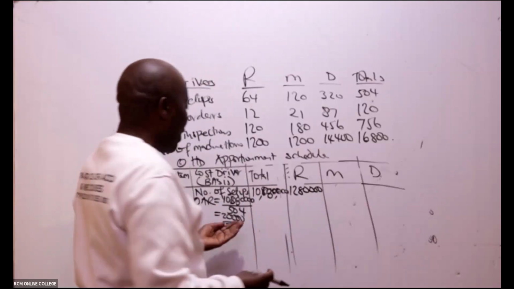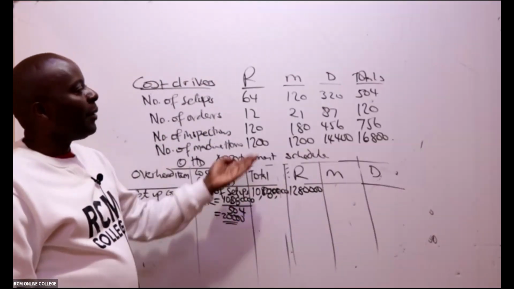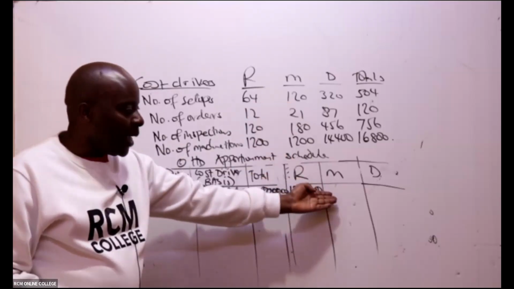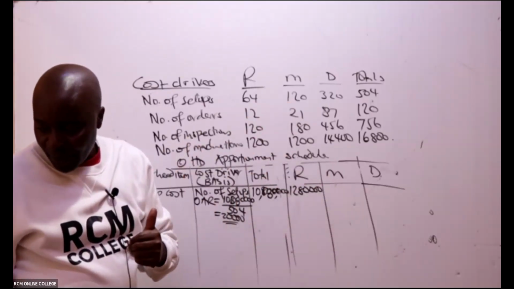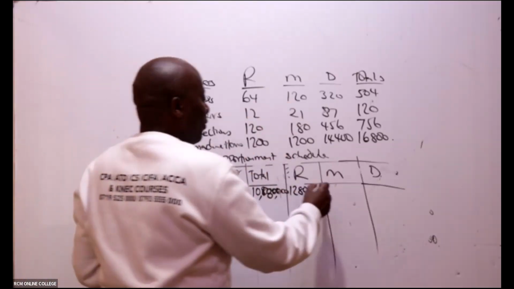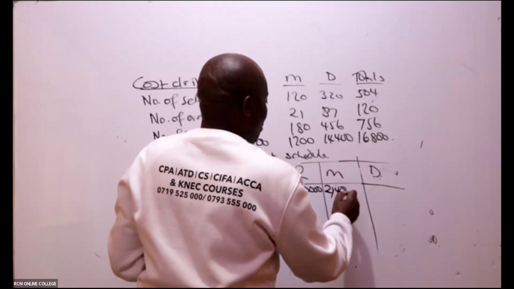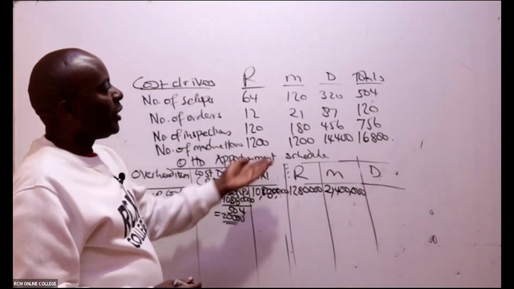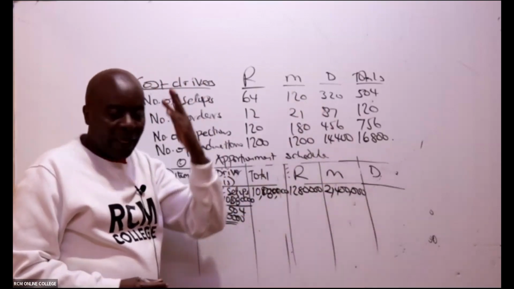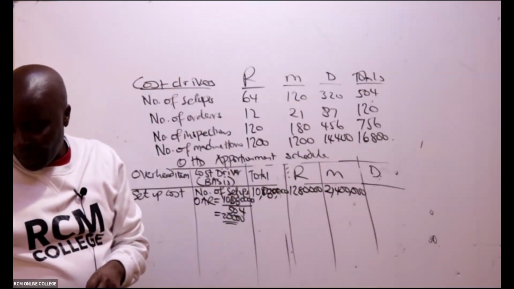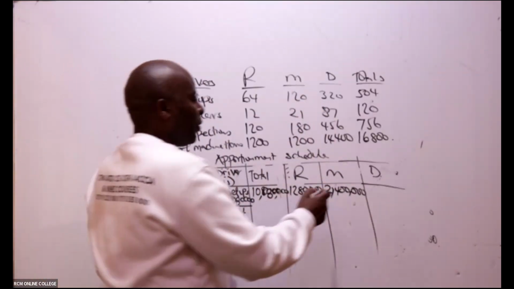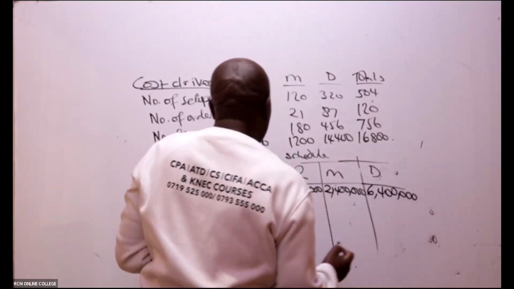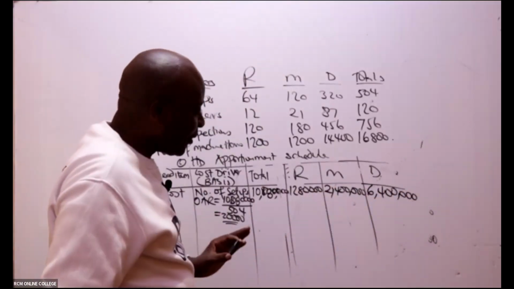We go to M: 20,000 times 120 gives 2.4 million. And for D, you take 20,000 times 320, which is 6.4 million.